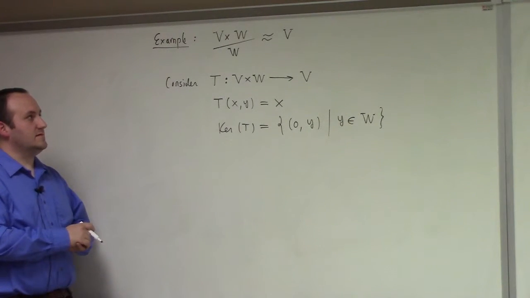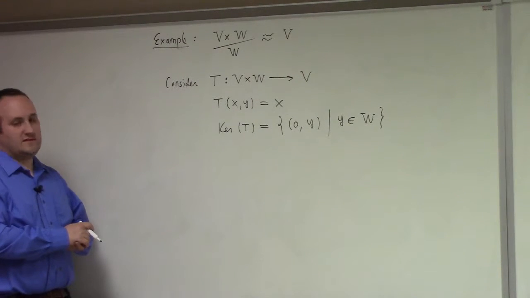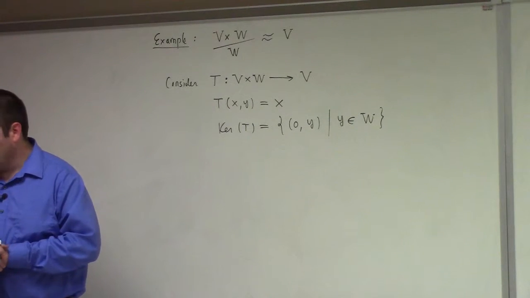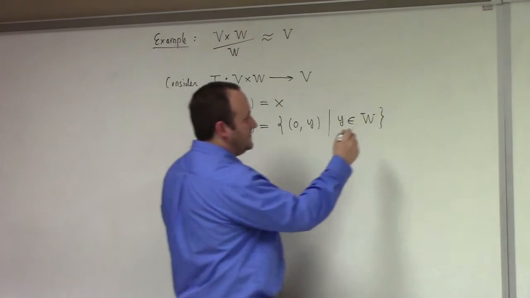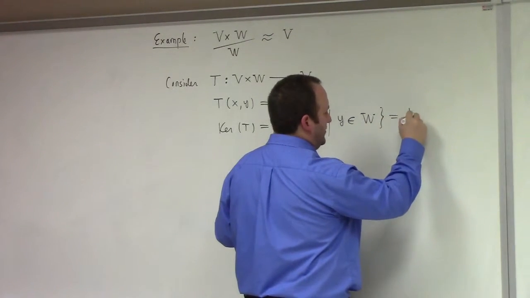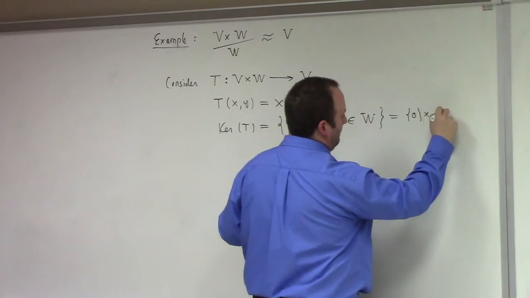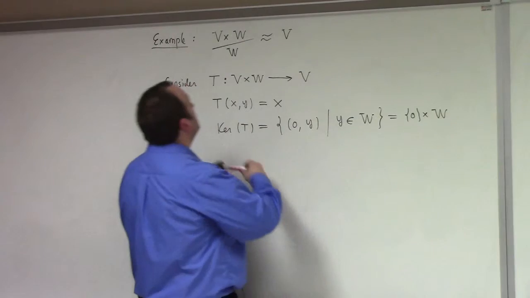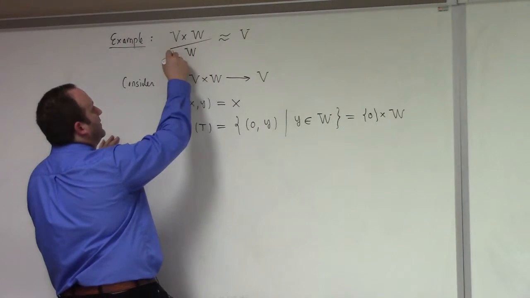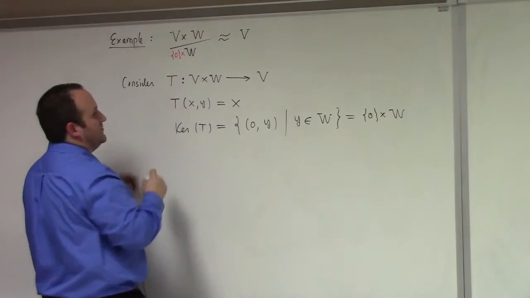Schnikes, I guess that's not quite right. Oh yeah, I can't read my own notes. I'm missing something. This is equal to what? This is 0, Cartesian product with W. Right? I'm supposed to have a 0 here. Otherwise, I'd have to do more. I don't want to do more.